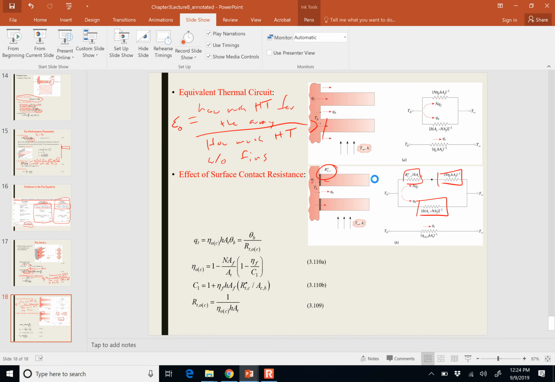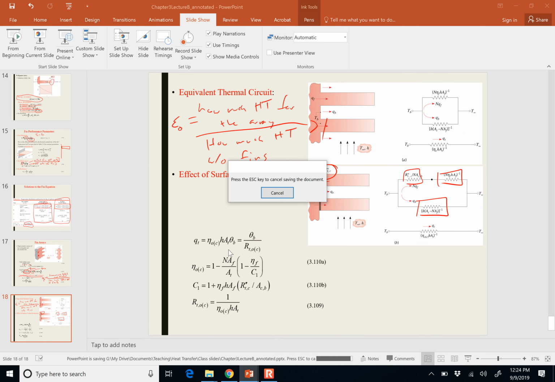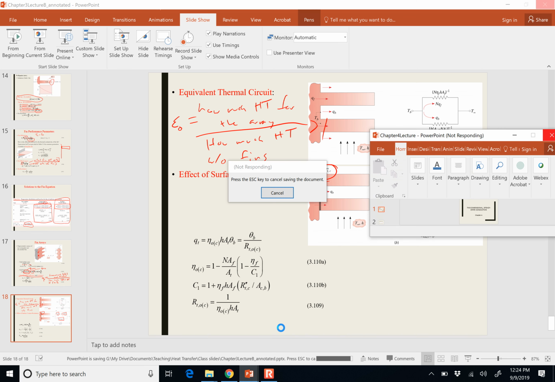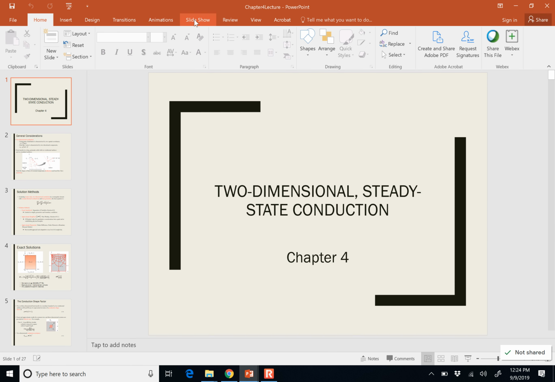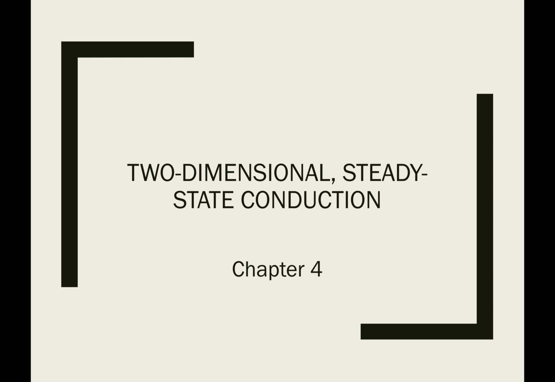In chapter 4, we're going to start dealing with two-dimensional conduction. So things get more complicated here. Chapter 4 is two-dimensional steady-state conduction.